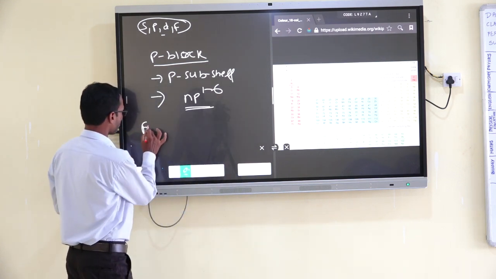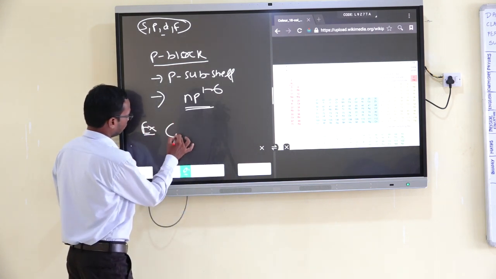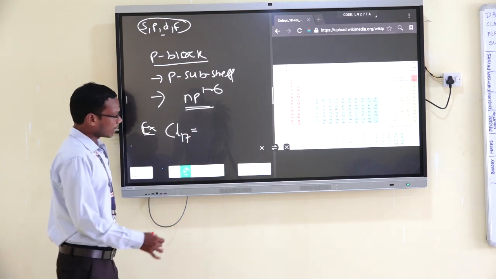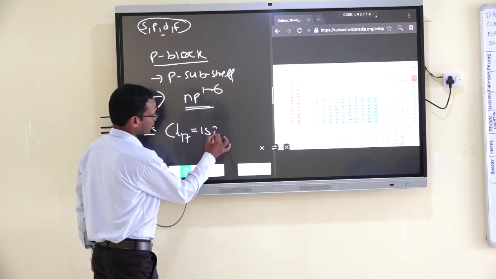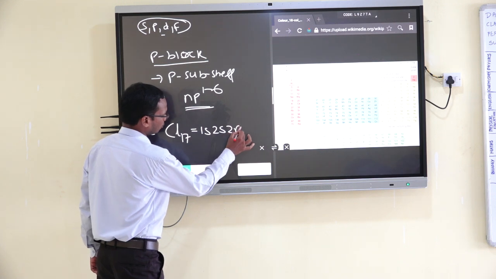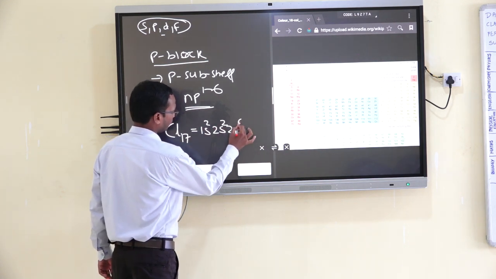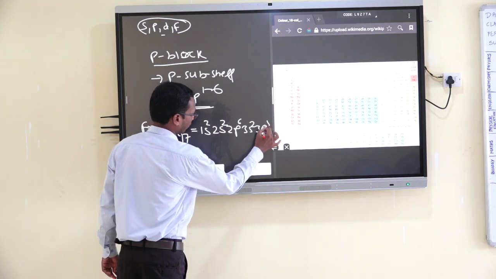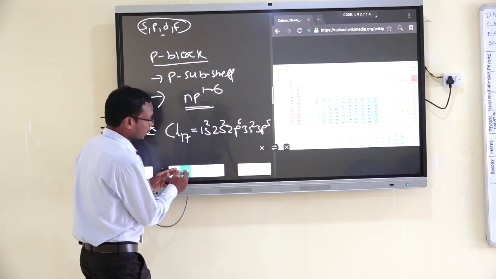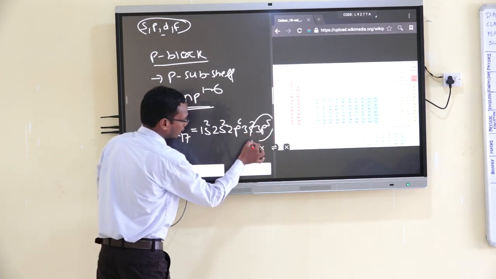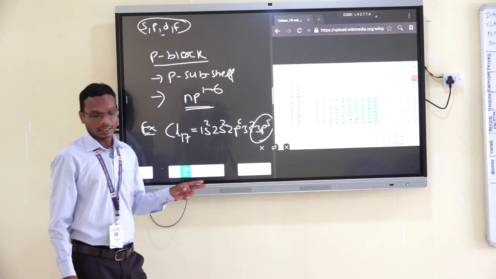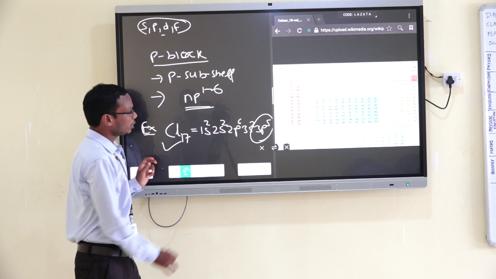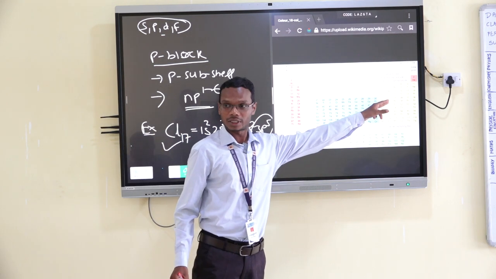The atomic number of chlorine is 17. The configuration is 1s, 2s, 2p, then 3s, 3p5. What is the last configuration? It ends in 3p. That means chlorine belongs to P block elements.